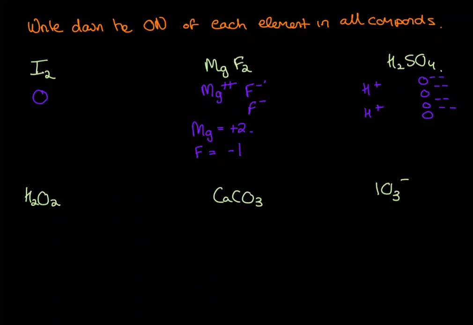So at the moment I have 8 minuses and 2 pluses, which means I need that sulfur to take 6 pluses for me. Okay, so now the pluses and the minuses have balanced each other out. So hydrogen gets an oxidation number of +1. Oxygen takes the oxidation number of -2.